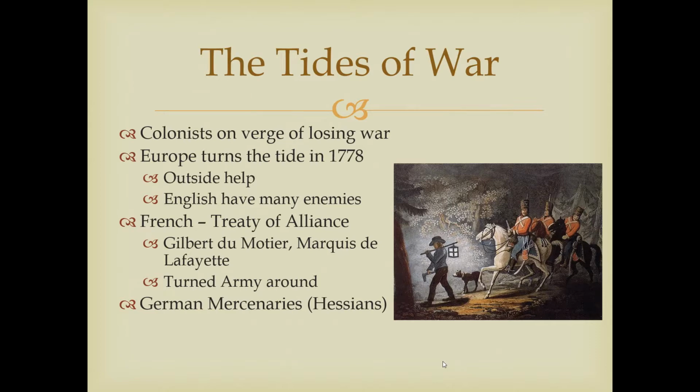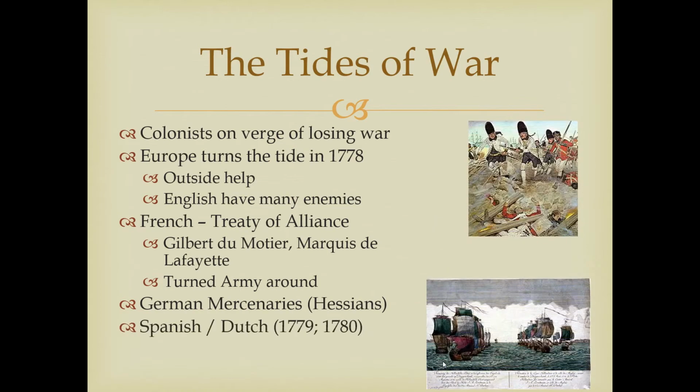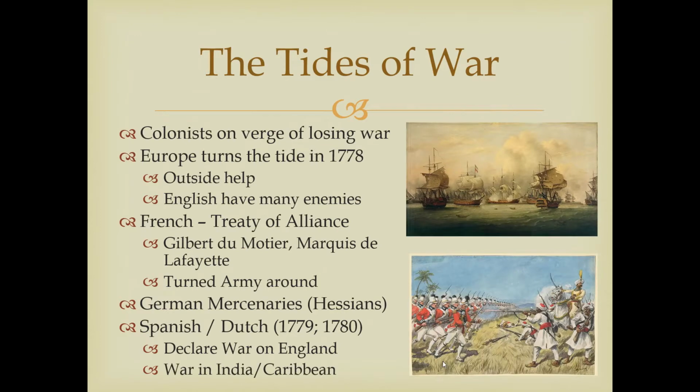So outside of those two, you have also the Spanish and the Dutch joining the war against the British. The Spanish and the Dutch will, in 1779 and 1780, respectively, declare war on England and begin to fight in India and the Caribbean.